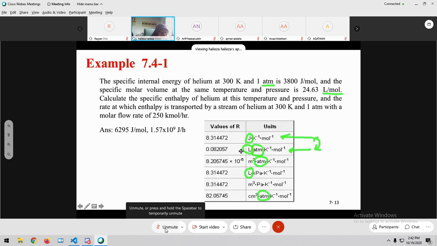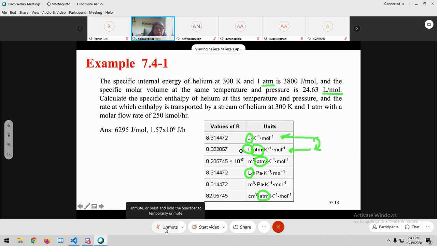Okay, let me jot down first the gas constant. Our gas constant is 8.314 joules per Kelvin per mole. There's another value that we're going to use, which is 0.8206 liter atm per Kelvin per mole.